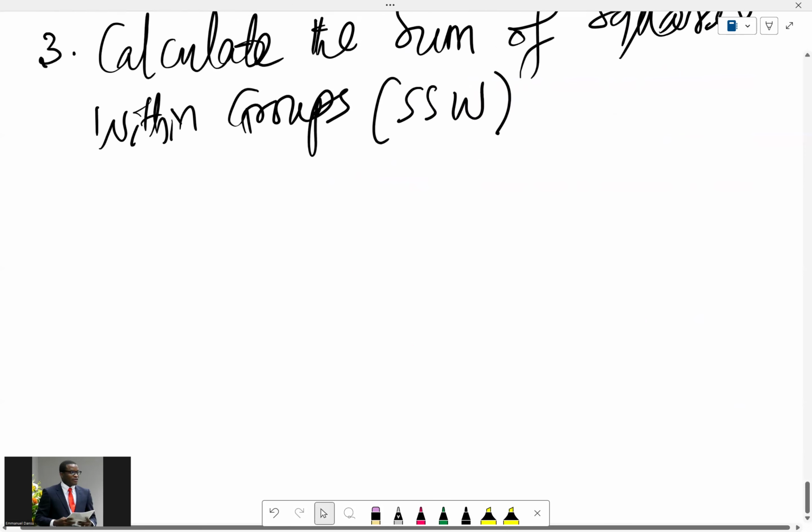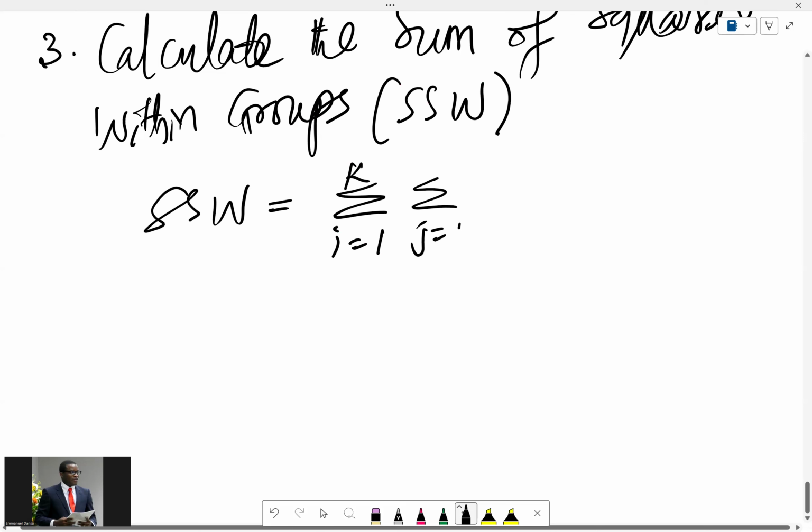The formula is simply SSW equals the summation from i equals 1 to K, since it is within groups now, and the summation from j equals 1 to ni of (xij minus xi bar) all squared.